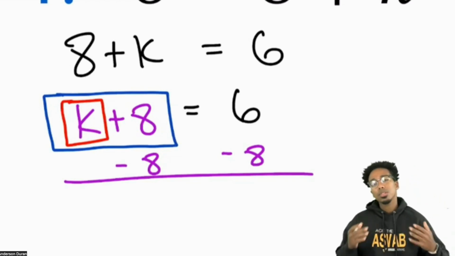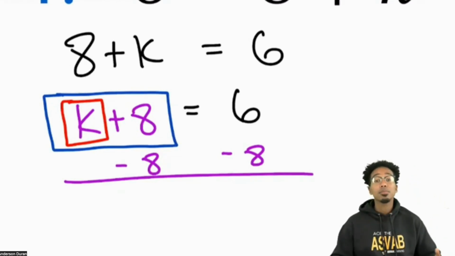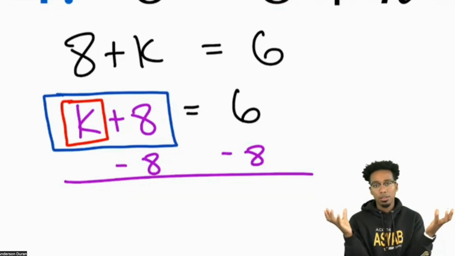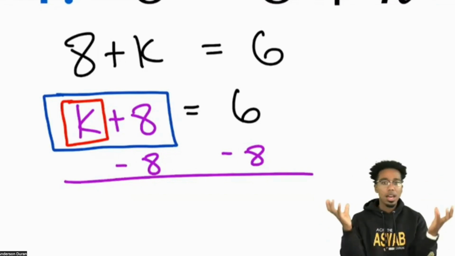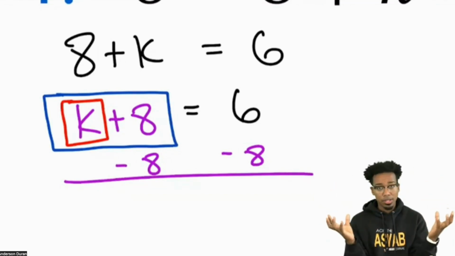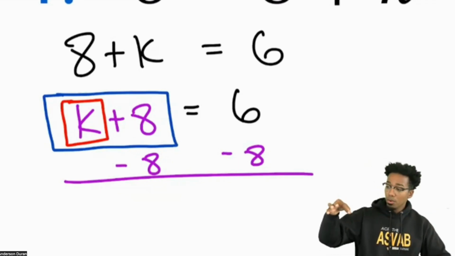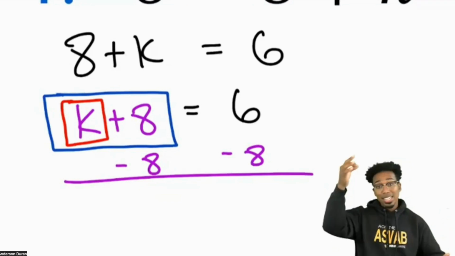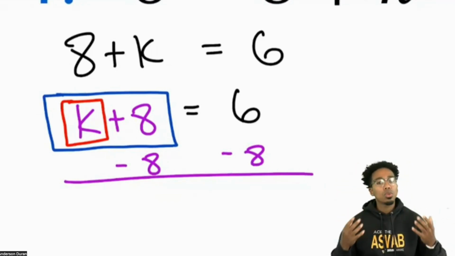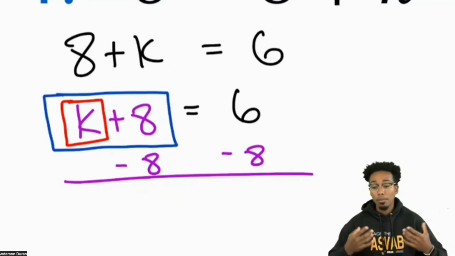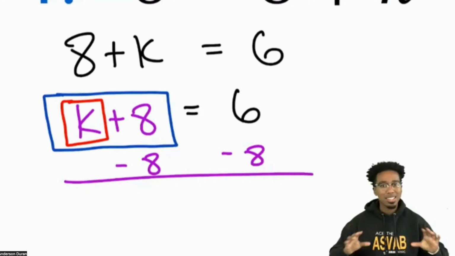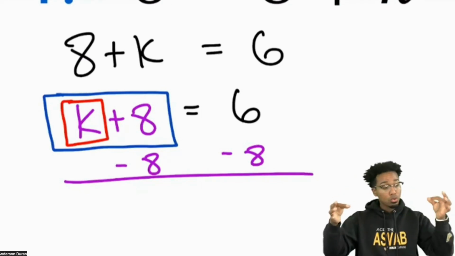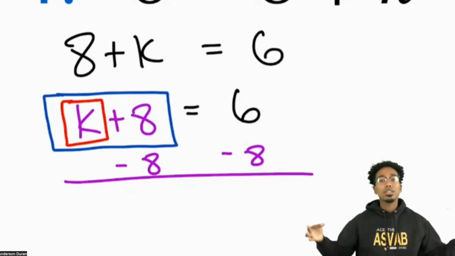The reason that we do the same thing to both sides, everybody, is simply because think of a balancing scale, so it's not too heavy on one side or the other. It's perfectly balanced. If you remove half a pound on one side, but not the other, it's going to instantly tip over. So when you think about equations, I want you to think about a perfectly balanced scale. Whatever you do to one side, you do to the other, because you want to keep the balance.